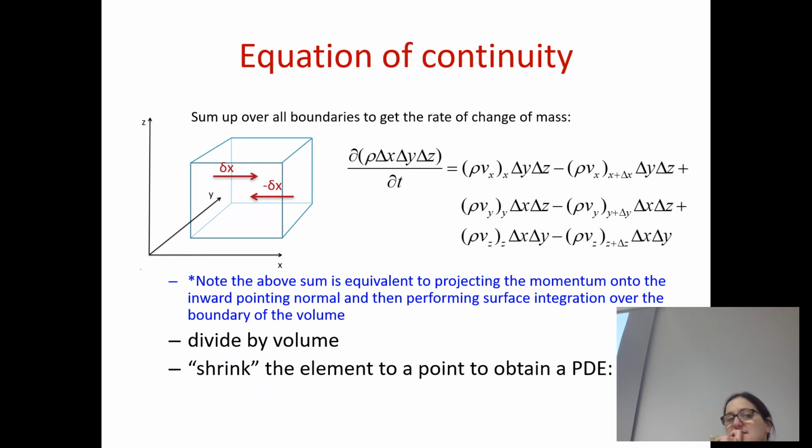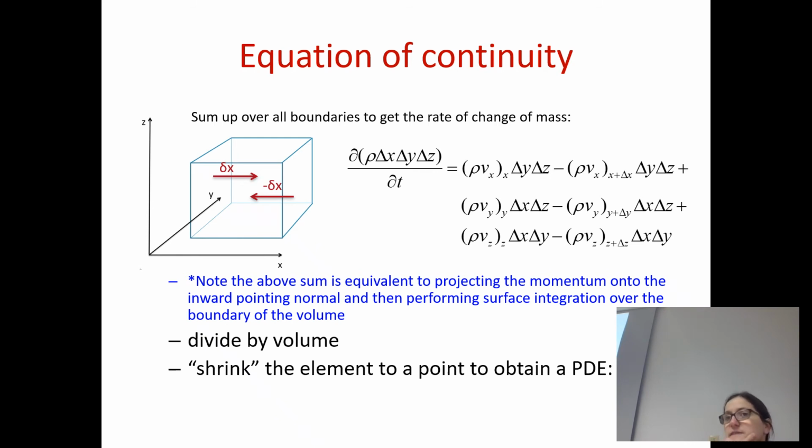Now this first set, when I divide by delta x, delta y, delta z, then I have rho vx evaluated at x minus rho vx evaluated at x plus delta x, divided by delta x. Yes? When I shrink that, when I take the limit as delta x goes to 0, what is that?